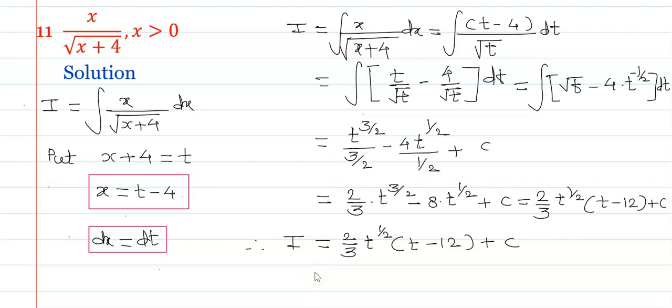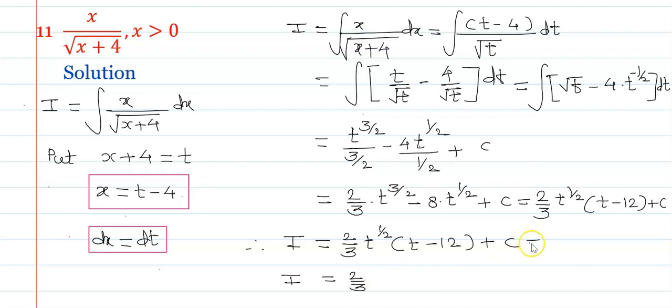Replace the value of t. What is that? I is equal to 2 by 3. What is t? t is x plus 4, raised to 1 upon 2, means what? It is root of t.